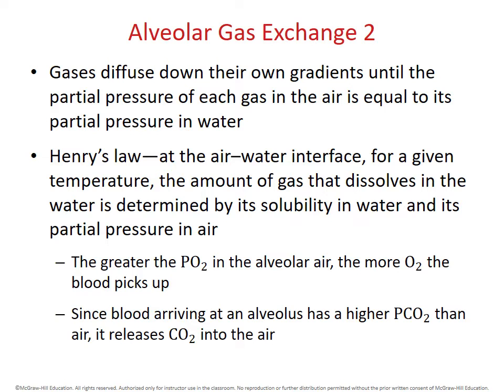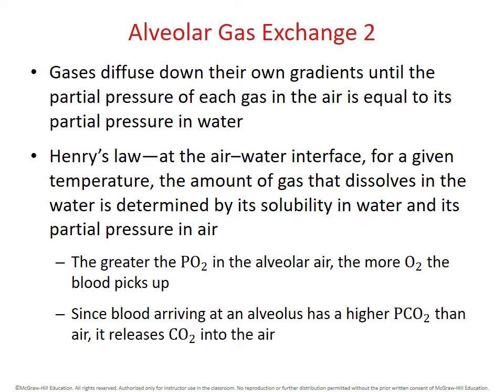Now, one thing we have to be careful about is that we cannot compare partial pressures of gases for different gases. So let me clarify what I mean by that.